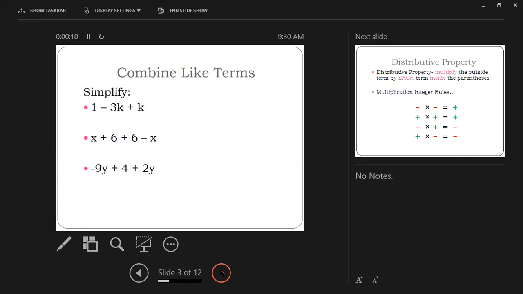So the first thing that's shown here is what we were just doing, simplifying some expressions by combining like terms. Integers go with integers. The same letters go with the same letters.